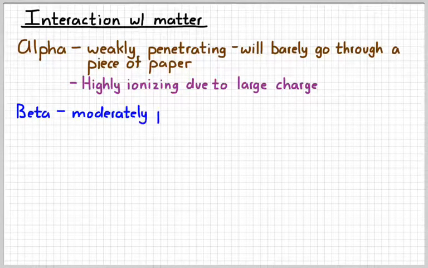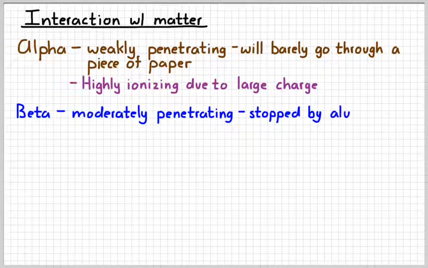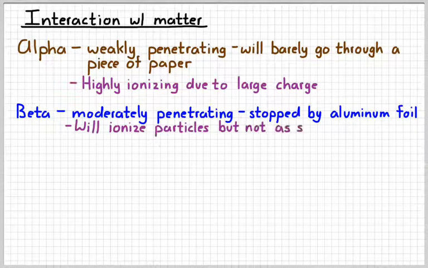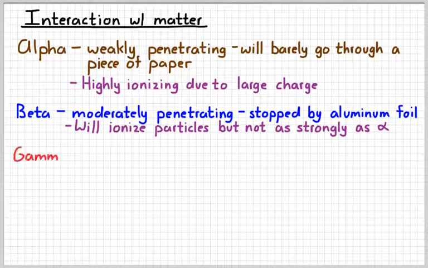A beta particle is moderately penetrating. Those electrons are smaller, and move through more stuff. They can typically be stopped by something like aluminum foil. So you can protect yourself from beta radiation with aluminum foil in your pantry. They will ionize particles, but not as strongly as an alpha particle, because they have less charge.